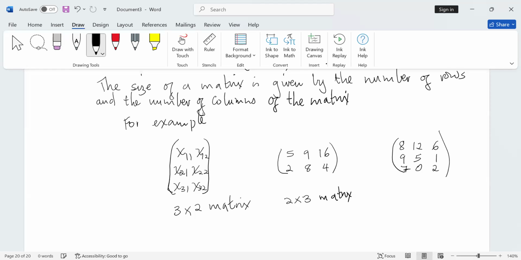This one is what size? This one here. 3 by 3.